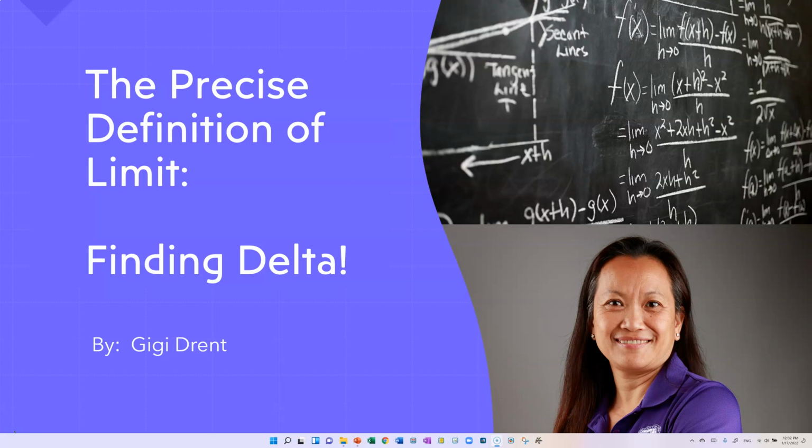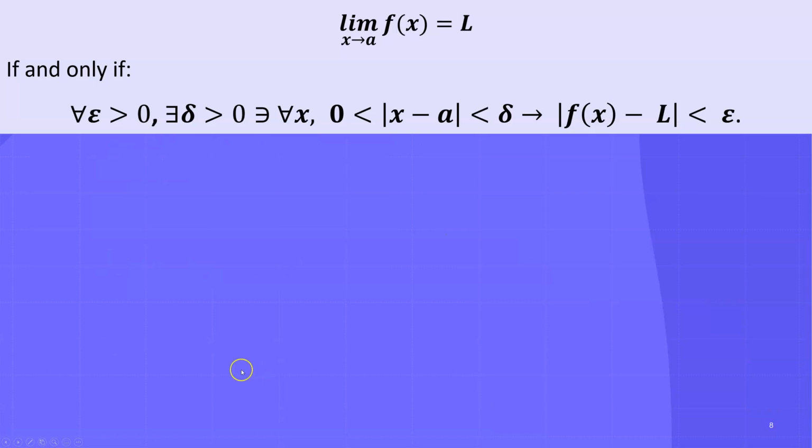All right, so let's again review what the definition of limit is. The limit of f of x as x goes to a is equal to L if and only if for all epsilon greater than 0 there's a delta such that for all the x that are within the delta neighborhood, that means the absolute value of x minus a is less than delta, then the absolute value of f of x minus L will be less than epsilon.